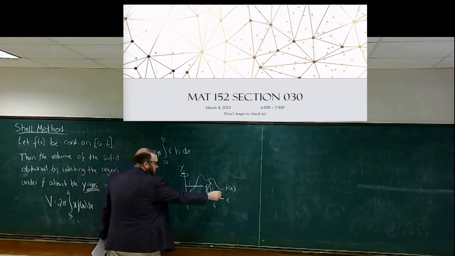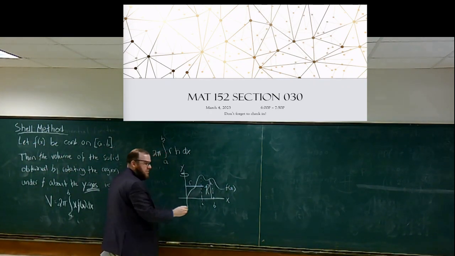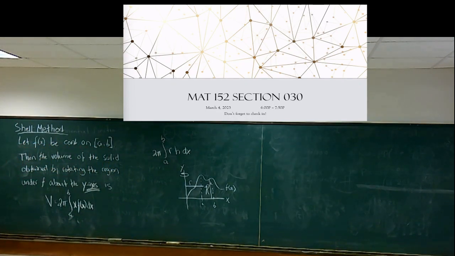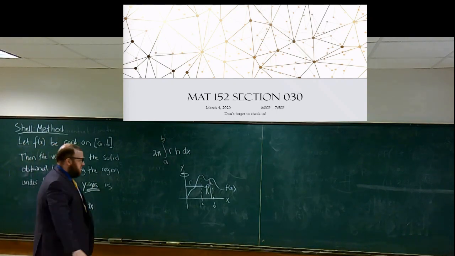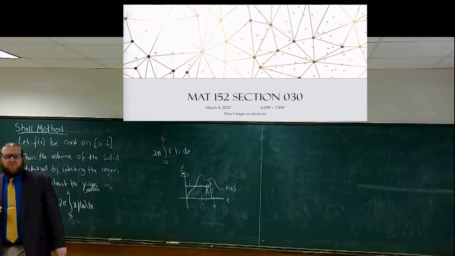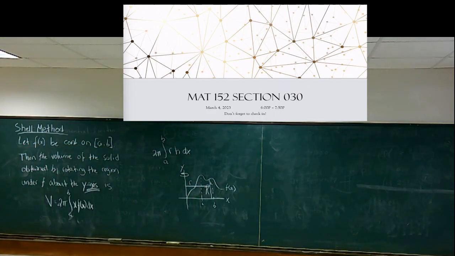Generally speaking, that's going to be f of x, right, that's the function. So I should technically draw that out. You pick a point, and then how high is it at that point, and what's the radius at that point?